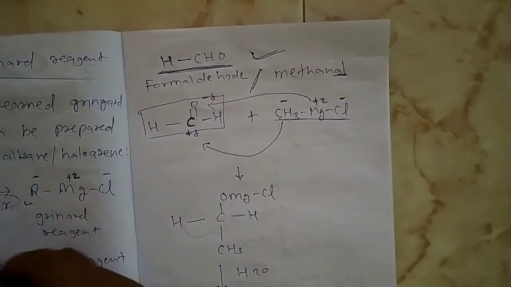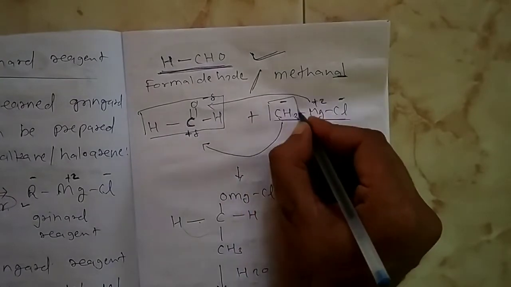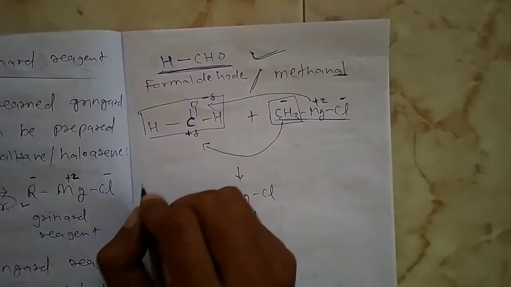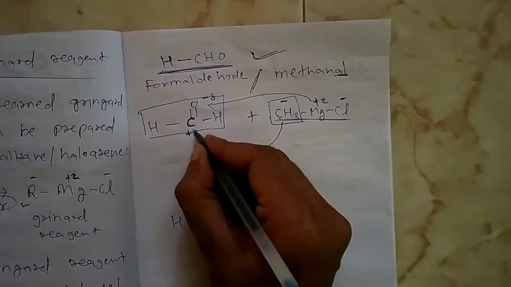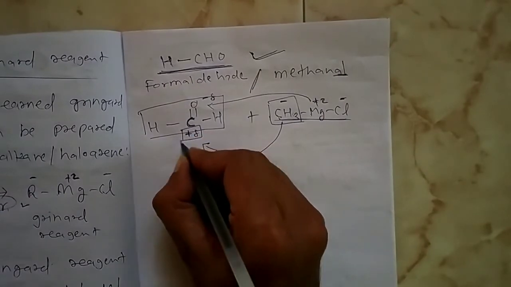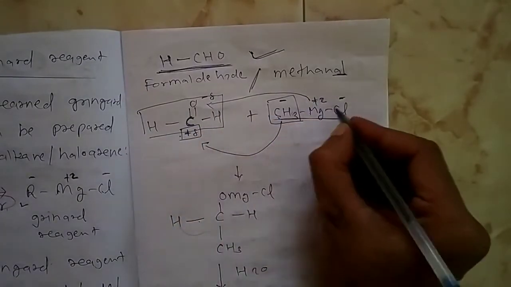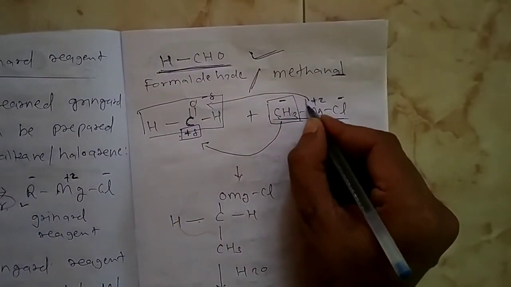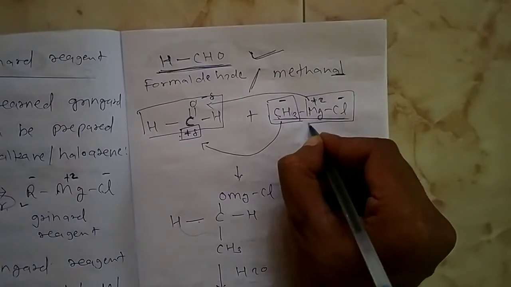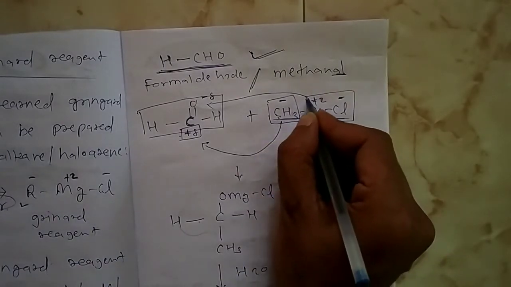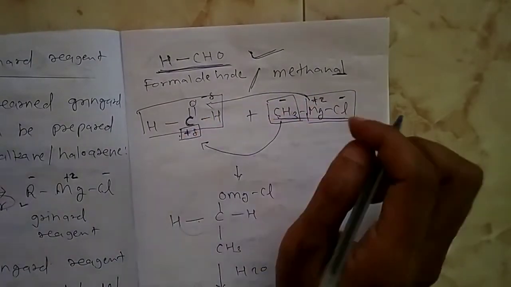This CH3 is negatively charged, so it will attack the partially positively charged carbon and attach with it. The remaining part, this Mg, is positively charged, and it will connect with oxygen here.